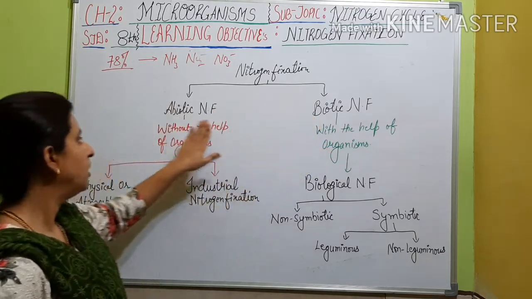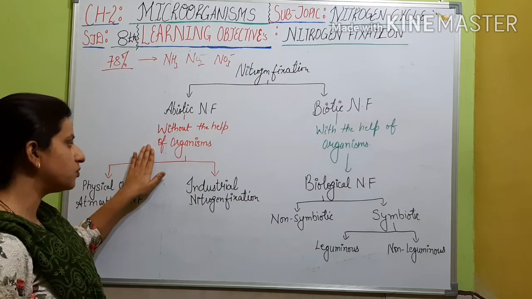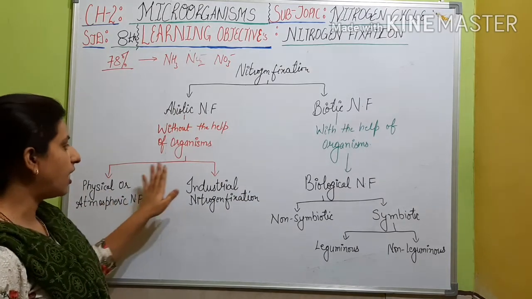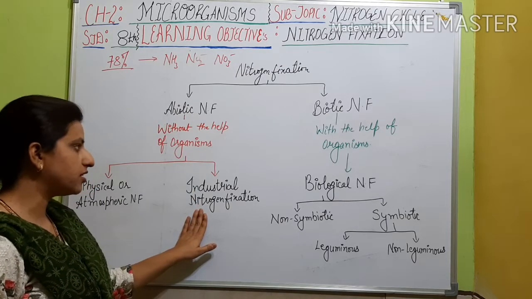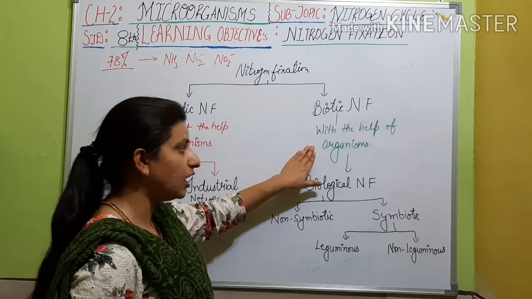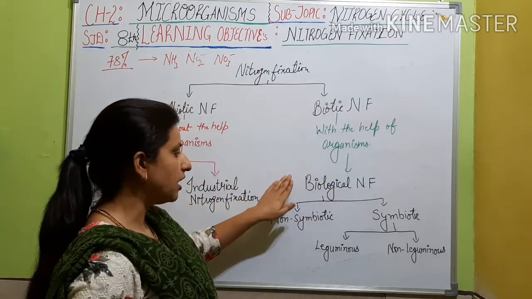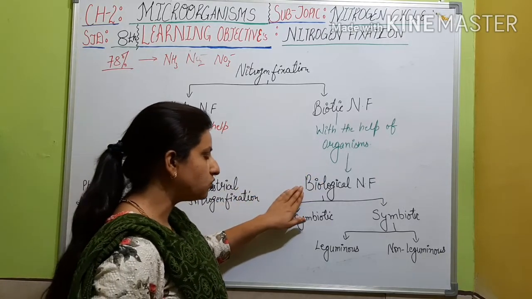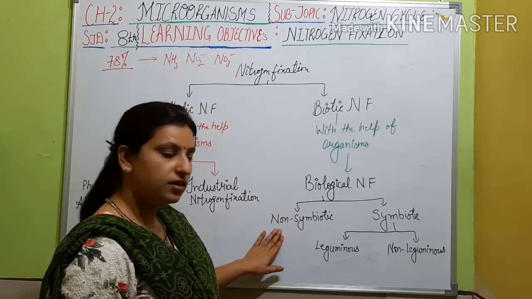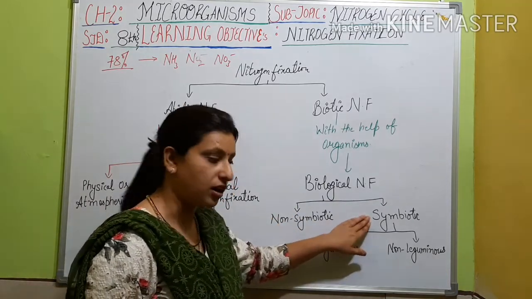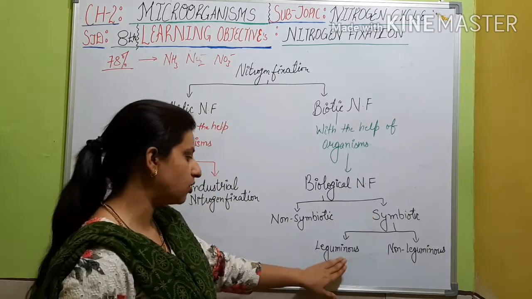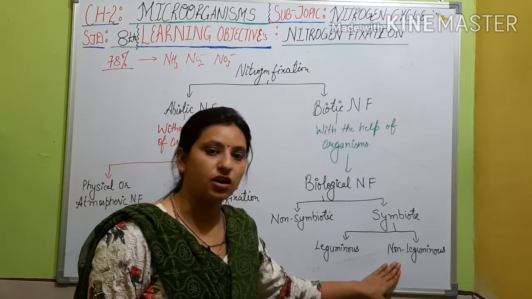Abiotic is without the organisms, which is divided again into physical or atmospheric nitrogen fixation and industrial nitrogen fixation, and biotic nitrogen fixation is with the help of organisms, which has biological nitrogen fixation, divided into two types: non-symbiotic organisms and symbiotic organisms. And in case of symbiotic organisms, again we are going to learn about leguminous plants and non-leguminous plants.